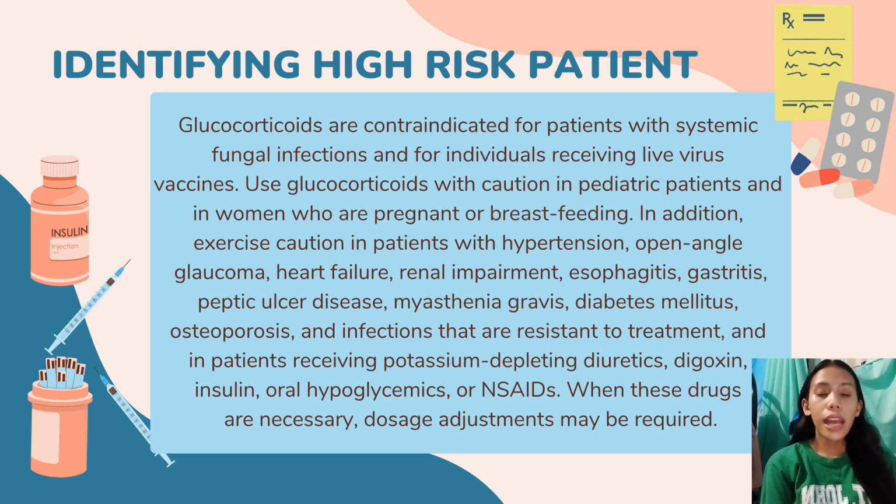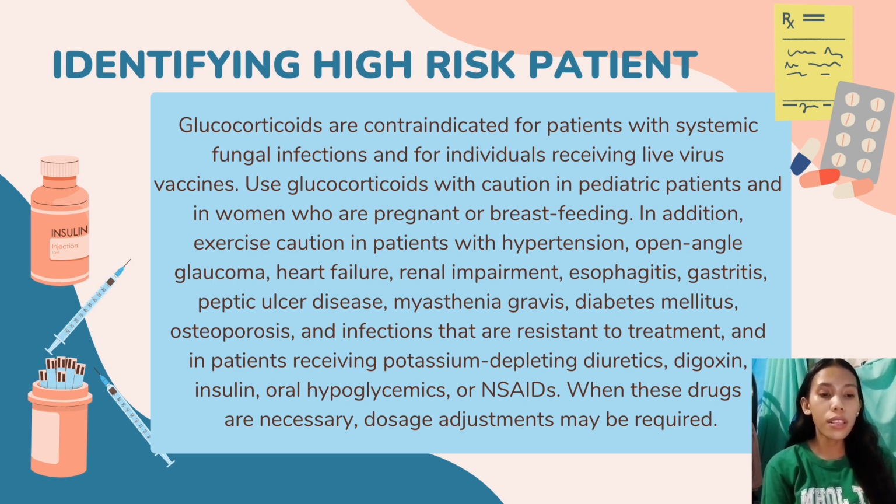In addition, exercise caution in patients with hypertension, open-angle glaucoma, heart failure, renal impairment, esophagitis, gastritis, peptic ulcer disease, myasthenia gravis, diabetes mellitus, osteoporosis, and infections that are resistant to treatment, and in patients receiving potassium-depleting diuretics, digoxin, insulin, oral hypoglycemics, or NSAIDs.